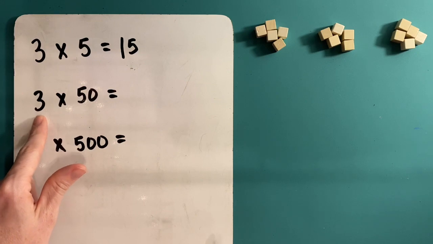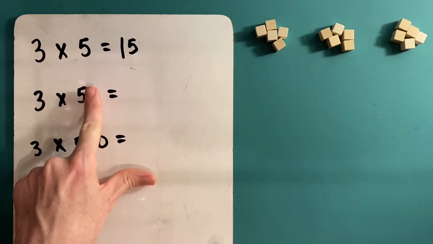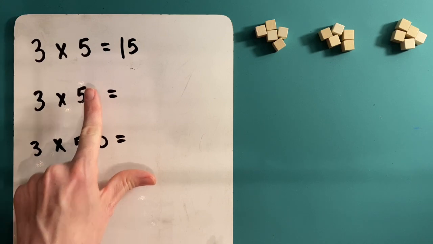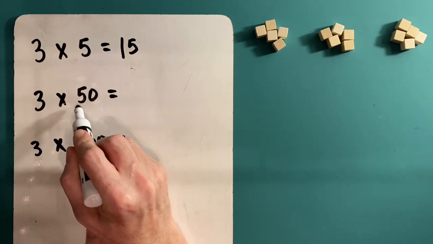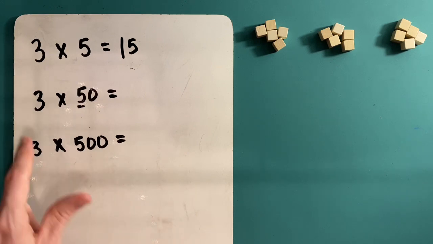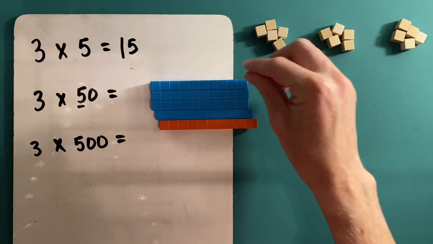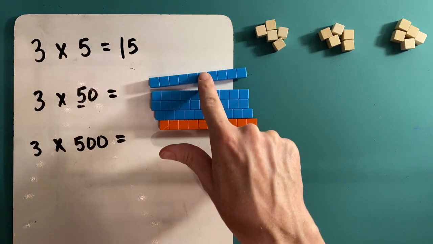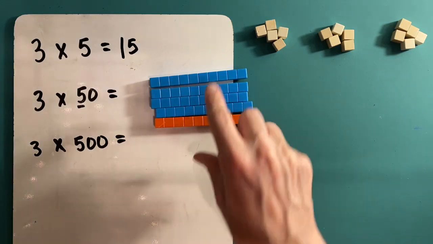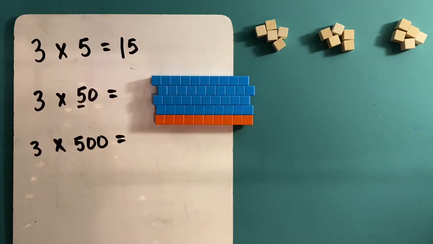So now let's look at 3 times 50. So we see that basic fact, 3 times 5. And remember that 50 is just 5 groups of 10, right? So 3 times 5 is like saying 3 times 5 groups of 10. So each of these is 10, so I have 10, 20, 30, 40, 50, or 5 groups of 10.